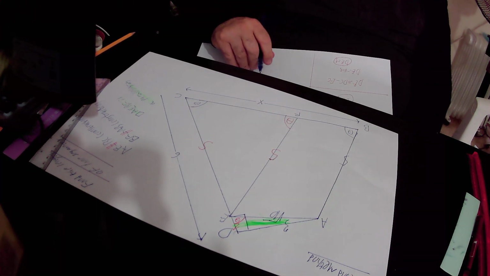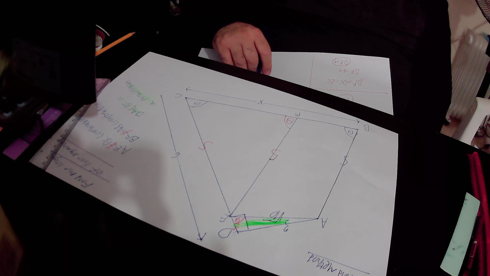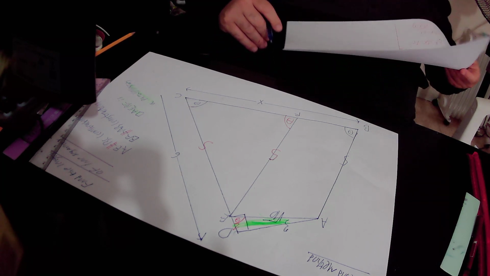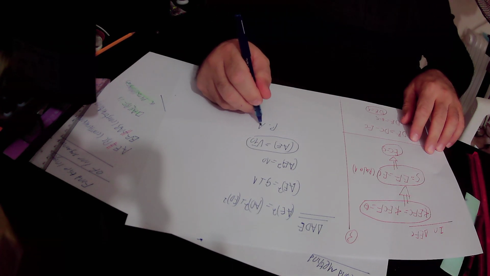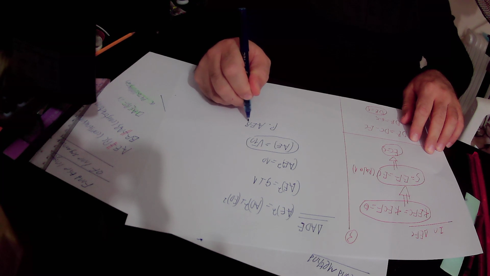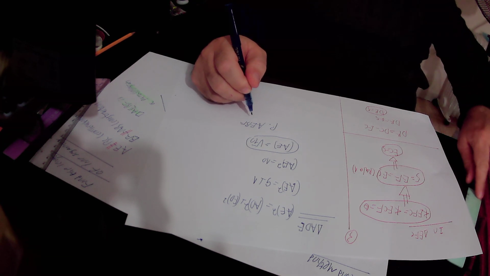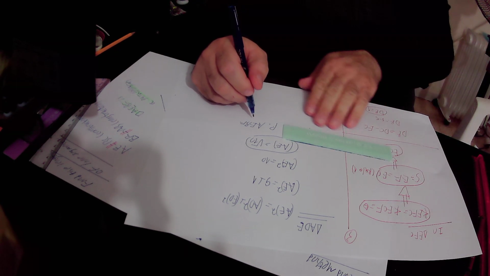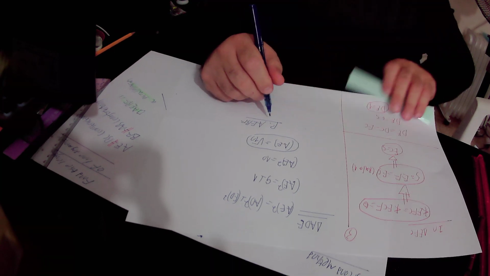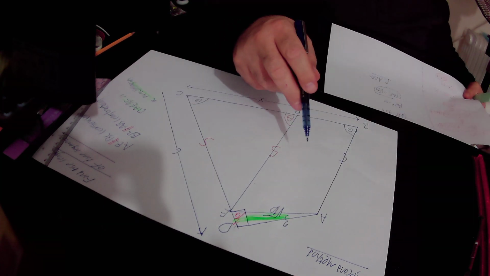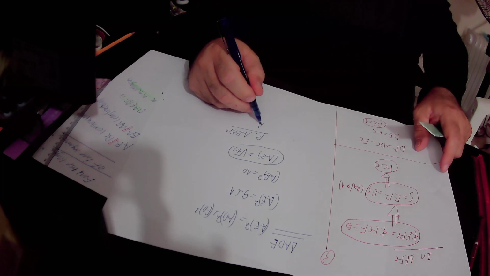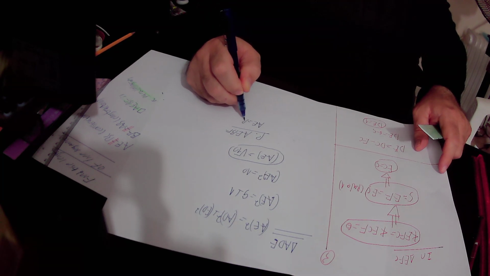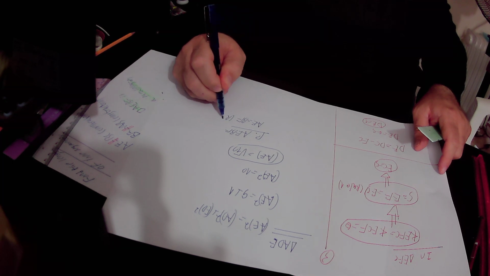And according to rule number 4, the opposite sides of a parallelogram are equal to each other. So in parallelogram AEBF, AE must be equal to BF according to rule number 4.